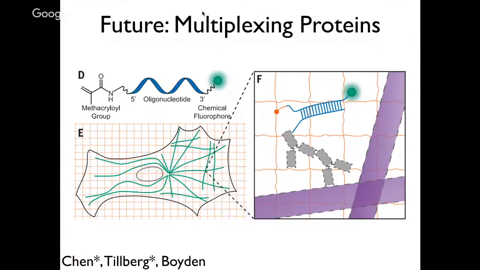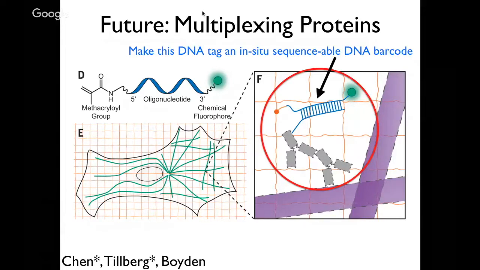Okay, so anyway, closing up here, but we would like to also use the DNA that naturally happens in the expansion microscopy process, and actually use that as a barcode to tag different proteins that are present in the sample as well.